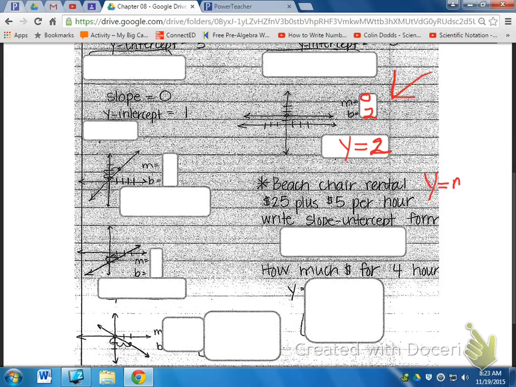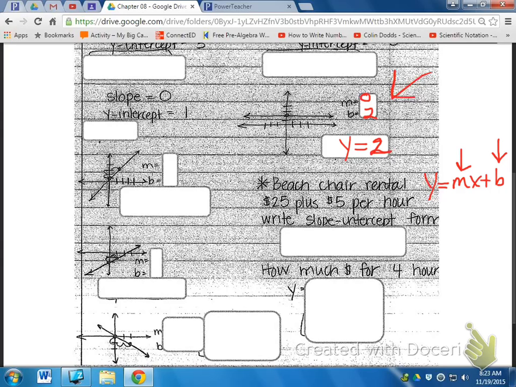Y equals mx plus b, and I'm just going to tell you, the y-intercept is a constant value. That's just a number that is set. It's not going to change. The slope, on the other hand, is dependent upon something that you multiply it times, so that amount is going to change depending on whatever x is.